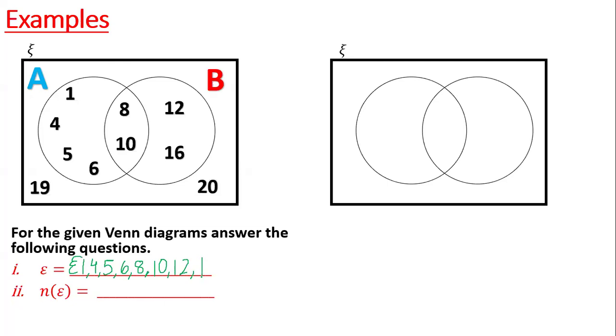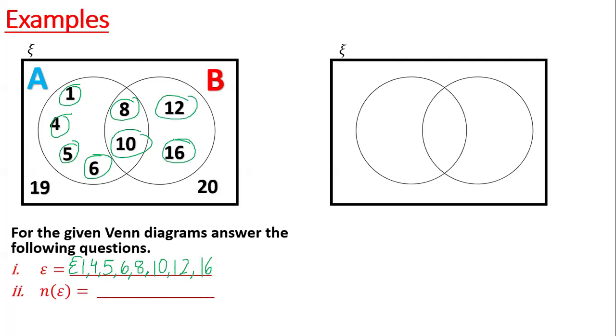And that's it, right? 19 and 20. So we list all of them, including outside: 1, 4, 5, 6, 8, 10, 12, and 16.